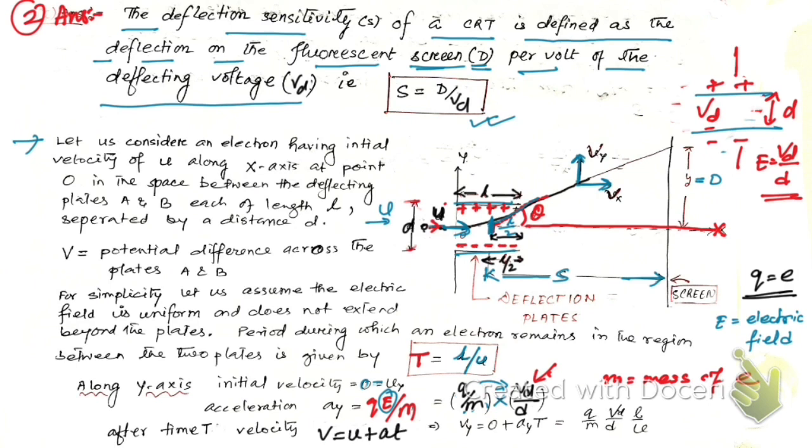For along the y direction, we are going to write Vy equals uy plus ay t. If the time taken by the electron to reach from this end to that end between these plates is suppose capital T, then we are going to replace t by capital T. And here uy is 0, because initially along the y-axis there was no velocity, so this part is 0, and hence our equation becomes this.